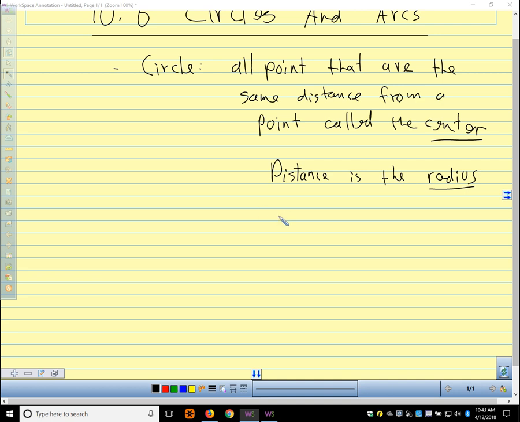Diameter, there we go. The diameter d equals, well, how is the diameter related to the radius? Double. Diameter equals 2 times the radius.